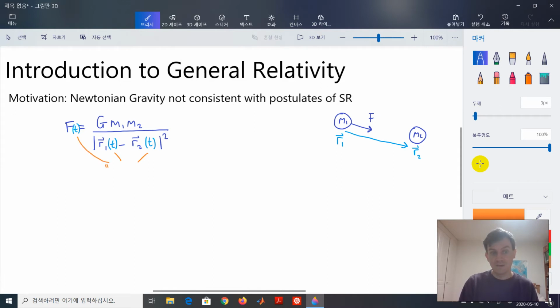That means Newton's law says these things have to be measured at the same time. But that depends upon the observer, because of the effect of relative simultaneity.